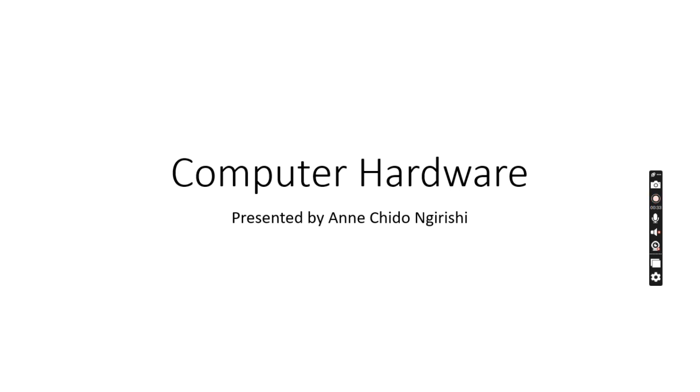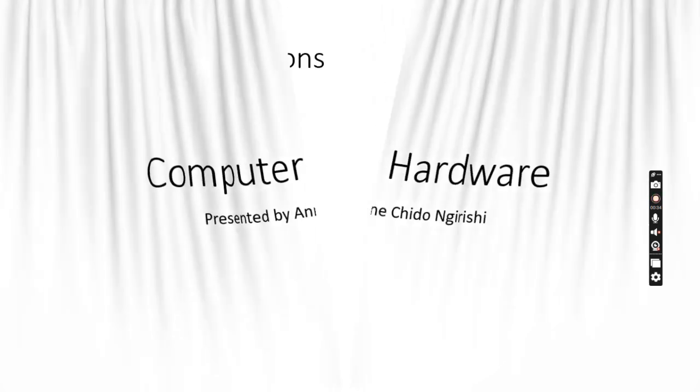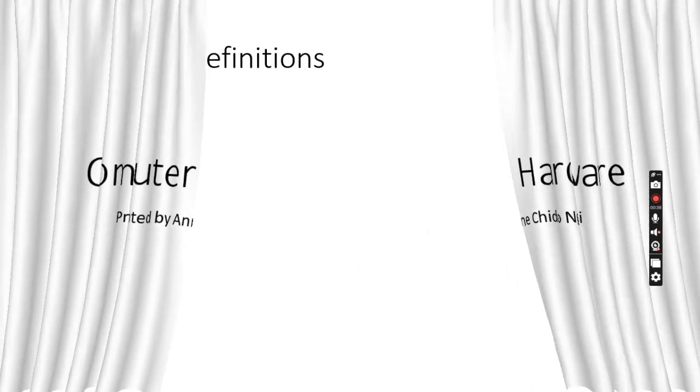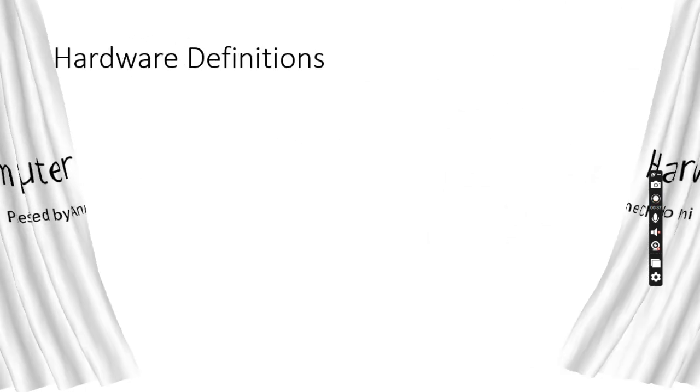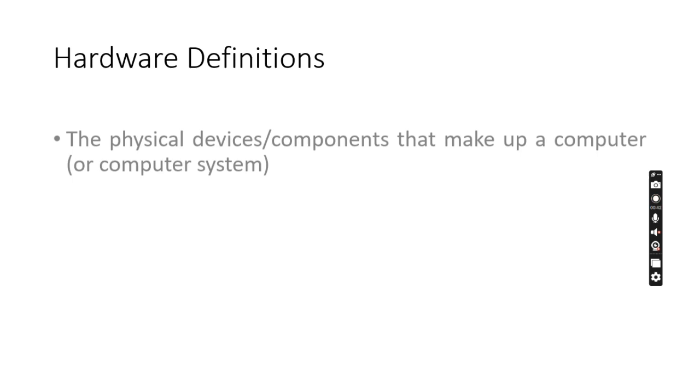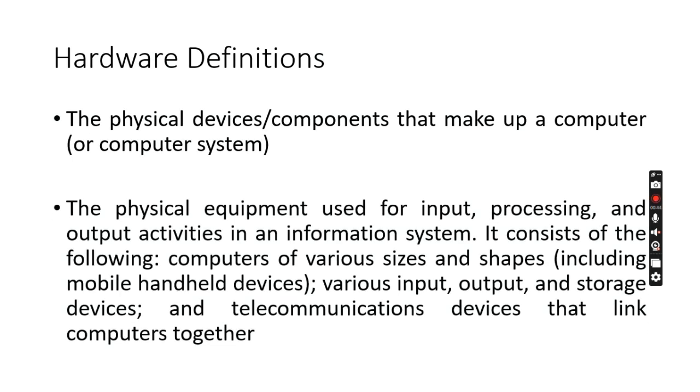To begin, I will start by defining computer hardware. What is computer hardware? Computer hardware refers to the physical components, the physical devices that make up a computer or a computer system.